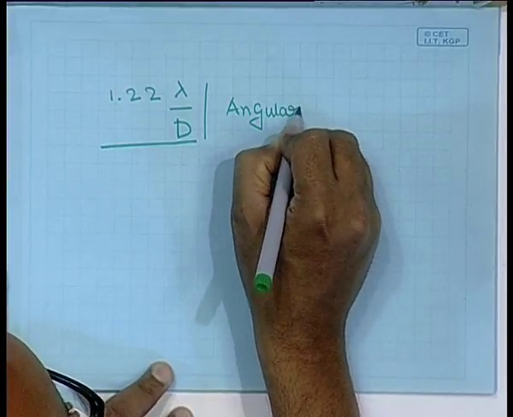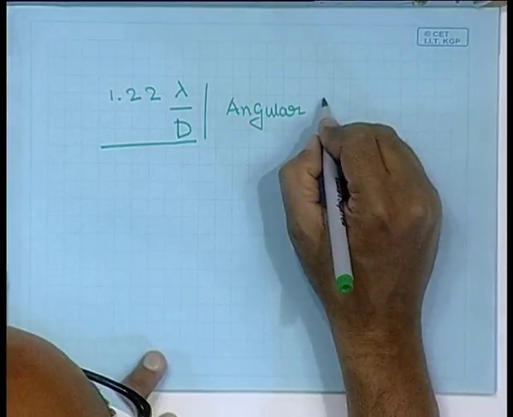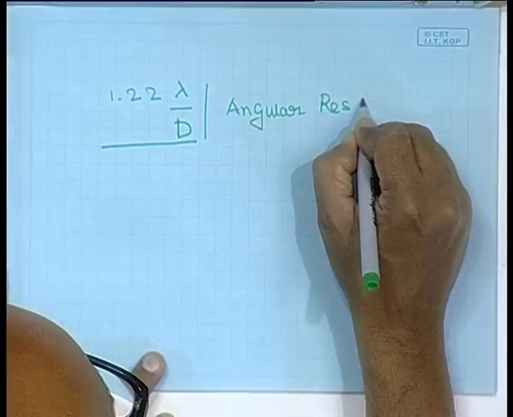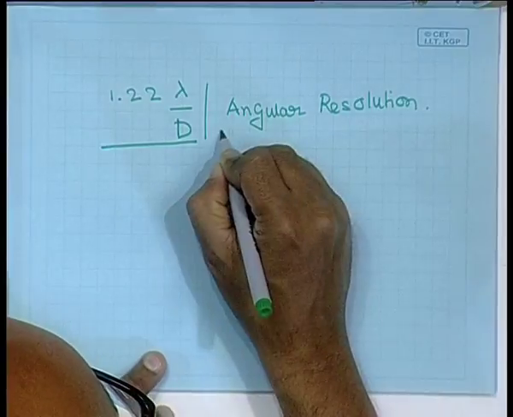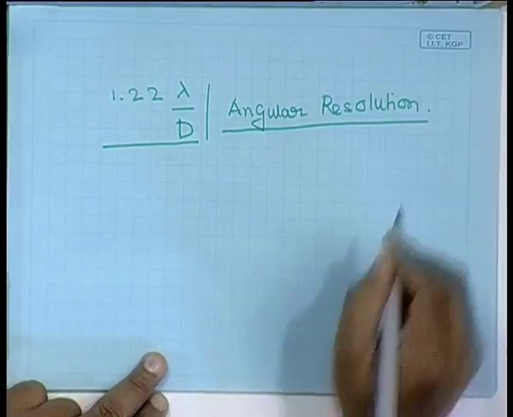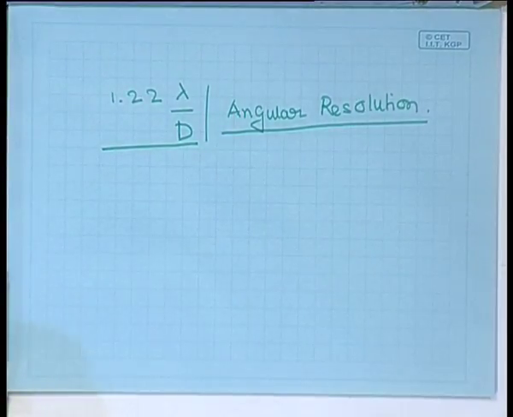So, for a telescope with a circular aperture, the angular resolution is 1.22 lambda by d. This is the smallest angular separation at which I can distinguish two objects.